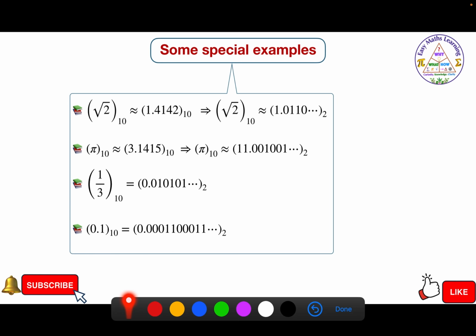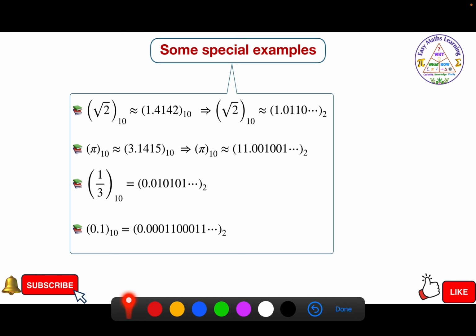Fourth example is 0.1, which is a decimal number. So when we convert this decimal number to binary number, we get 0.0001100011000011 and so on. Okay, in binary form. So it also has the infinite repeating pattern.